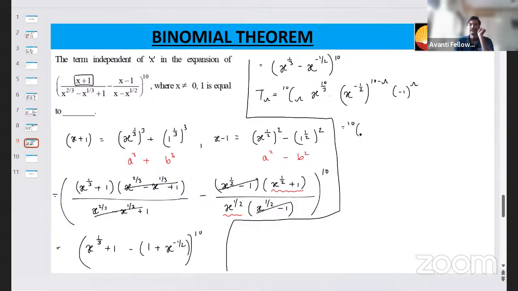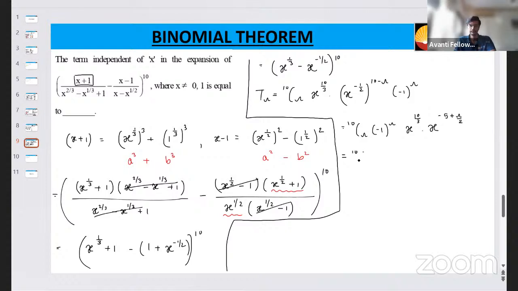That is 10CR minus 1 raised to the power r x raised to the power 10/3 into x raised to the power minus 5 plus r/2, minus 10/2, so minus 5.